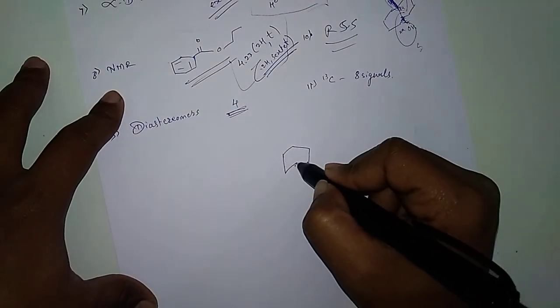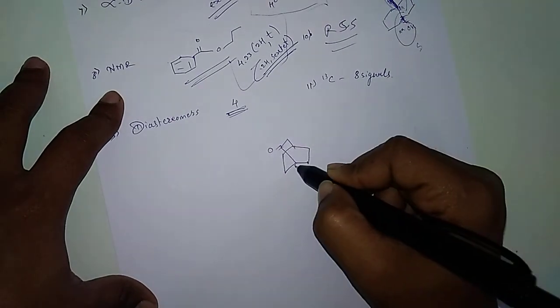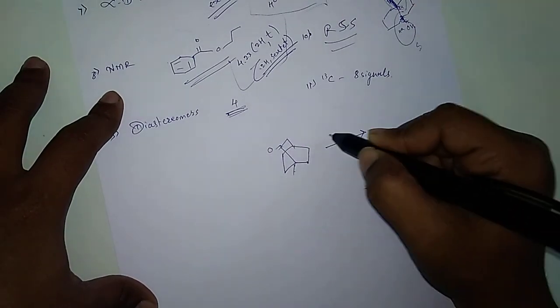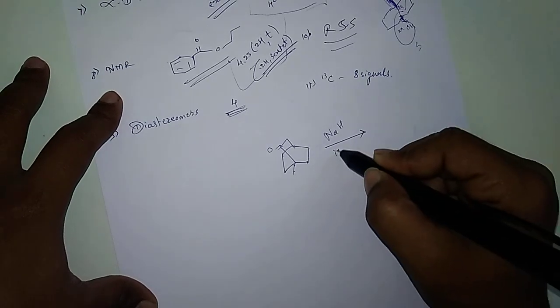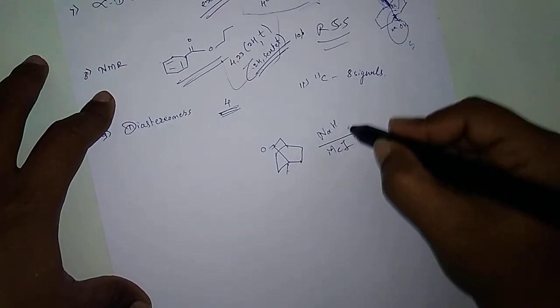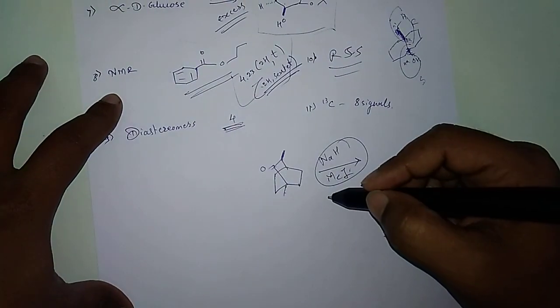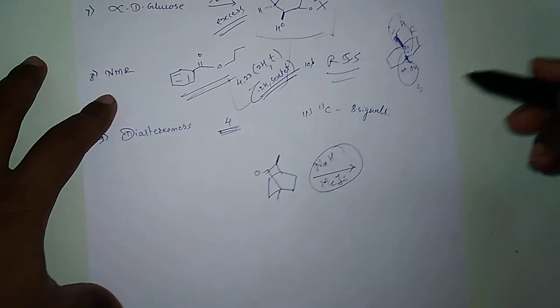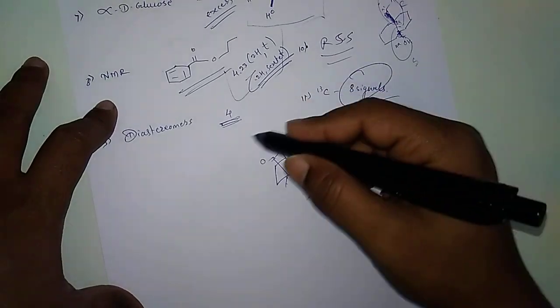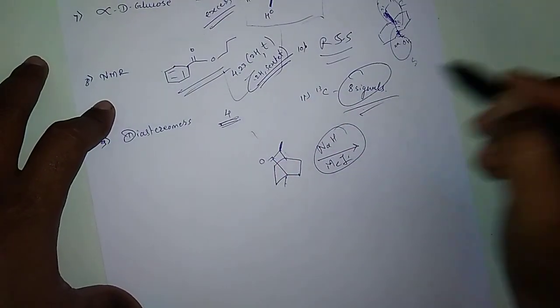I guess the structure was like this. Here was one carbonyl and here was methyl, and they had given one base, I don't remember exactly. So what happened there, the extra methyl group is coming here, and here your structure becomes symmetrical, and you are getting 8 signals over there.